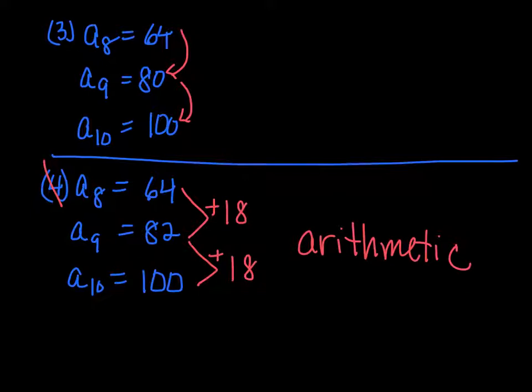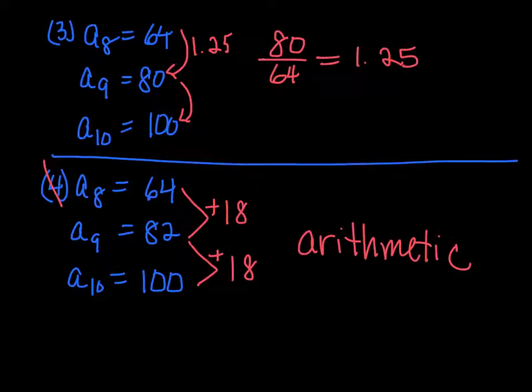So I'm going to see if there's a number that I can multiply by. Remember, the way we can do this is by taking the second term in the series, which is the 80, and dividing it by the first term. When I do that, I get 1.25. My guess is that if I multiply 64 times 1.25, I will get 80, which I do.